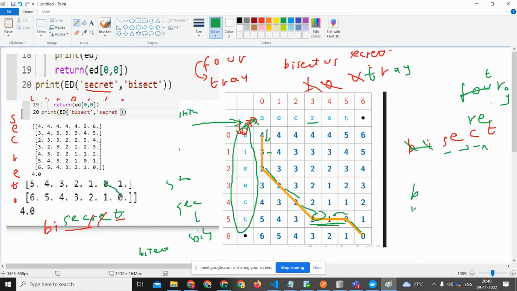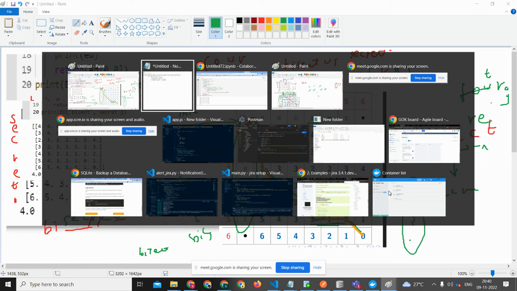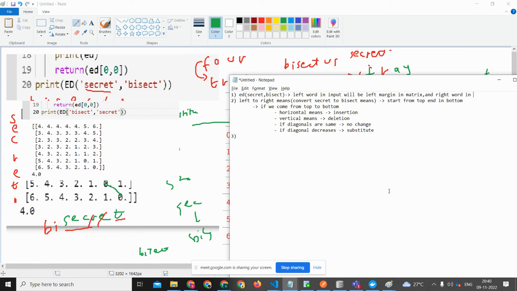See, you have BISECT coming first, and then you have SECRET, right? I meant this coming first. So I think you're looking from top to bottom. I'm saying from left to right. Okay, did it make sense? Yeah, got it. We both were looking at it from a different angle.